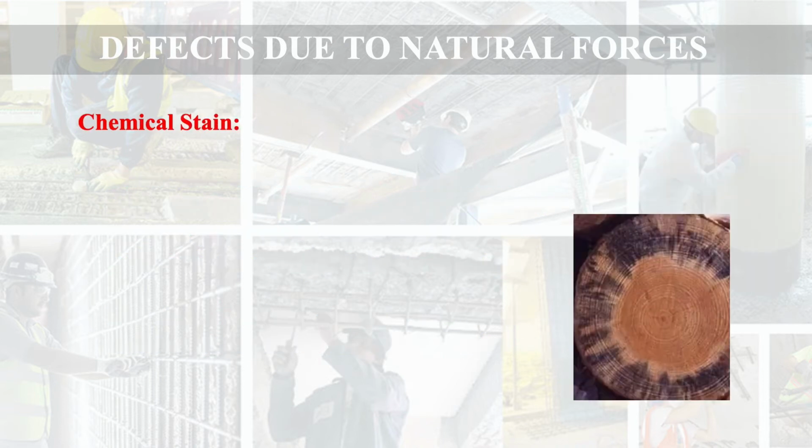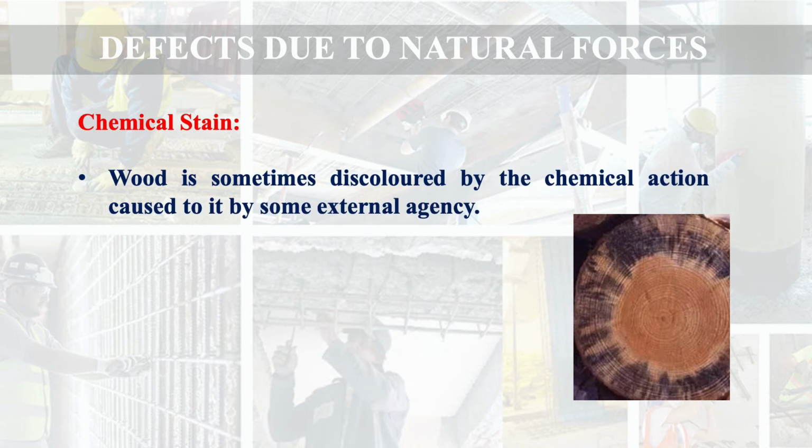Next is chemical stain. In this, wood is sometimes discolored by the chemical action caused to it by some external agency. This is known as chemical stain. As you see, the different color in the timber cross section, this is caused by the defect called as the chemical stain.